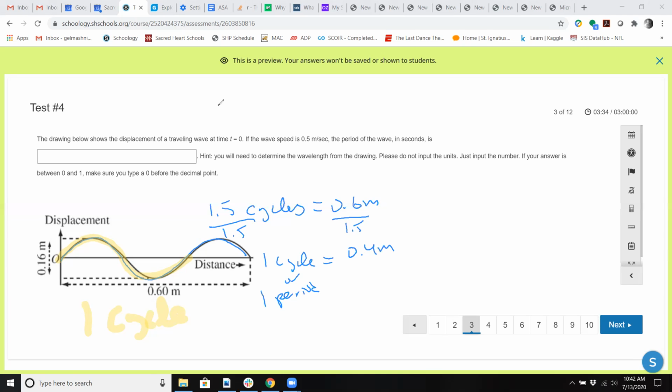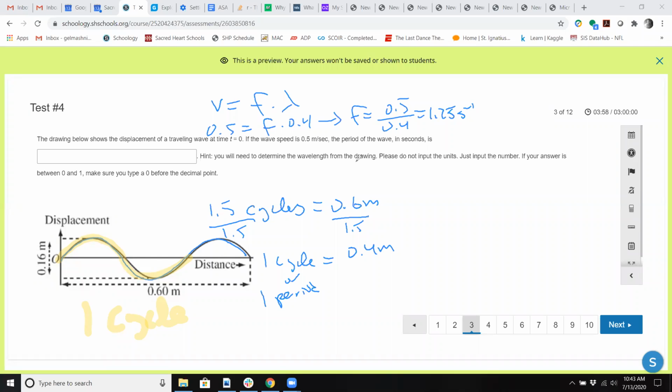And remember, we talked about velocity equals your frequency times your wavelength. Your velocity is 0.5. Frequency is what we're trying to solve for, right? Actually, no, we're trying to find the period. But we need frequency first. So your frequency is going to be 0.5 over 0.4, or 1.25. And it's seconds to the negative 1 power.